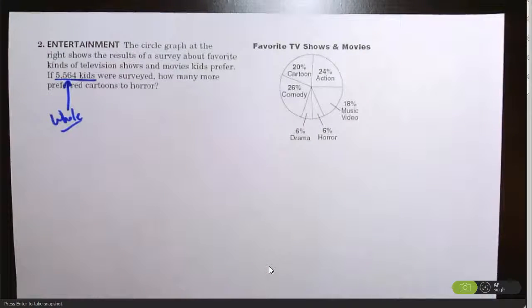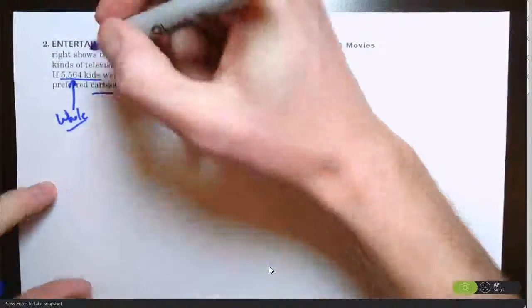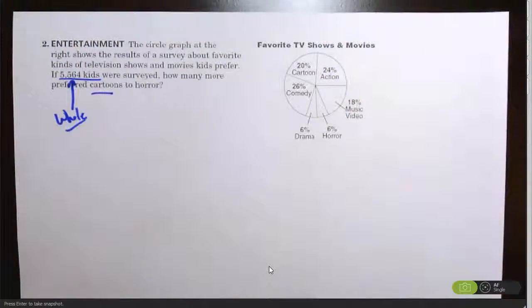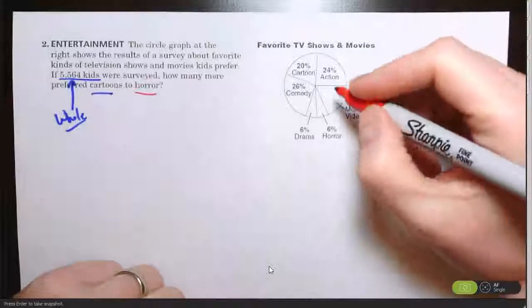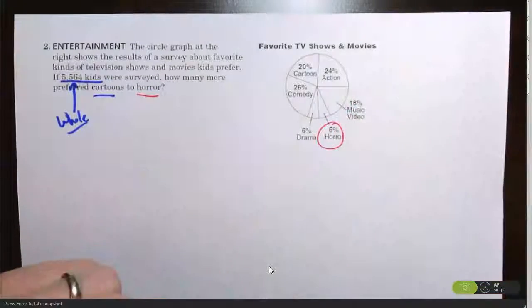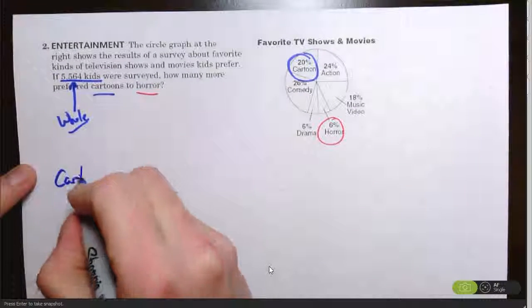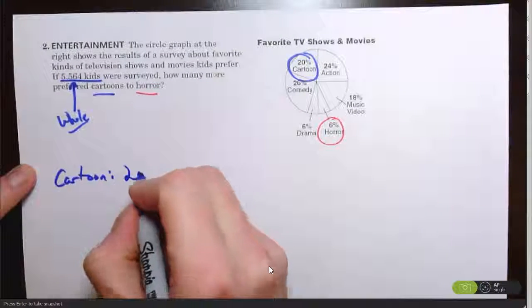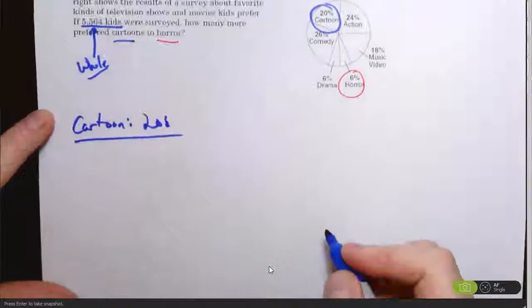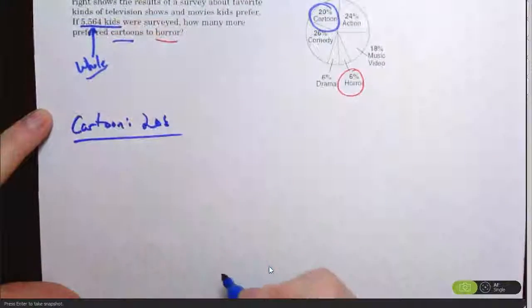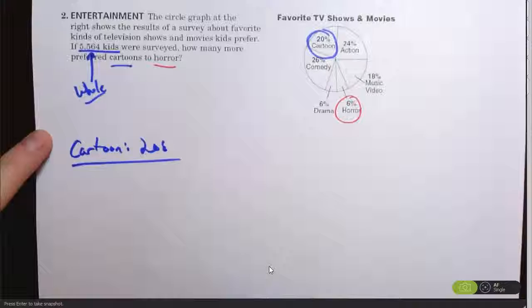Well, we're looking at cartoons, say cartoons in blue, horror in red. So here's horror, 6%. Here's cartoons, 20%. So cartoons is 20%. So we're going to have to find 20% of 5,564.